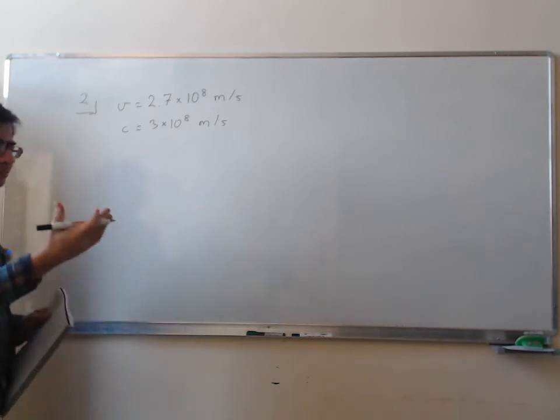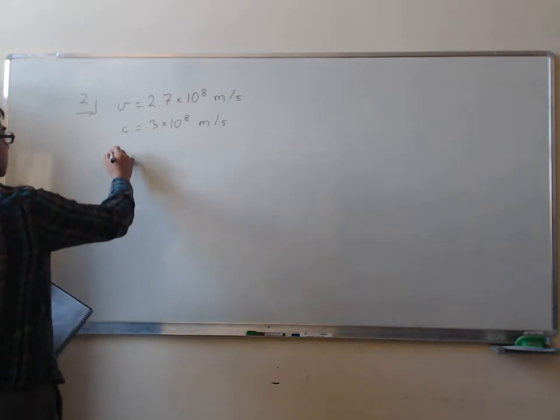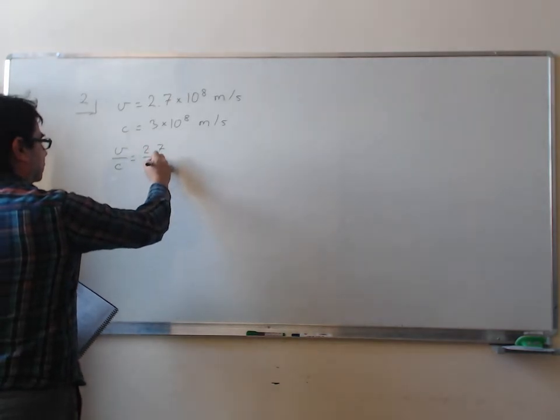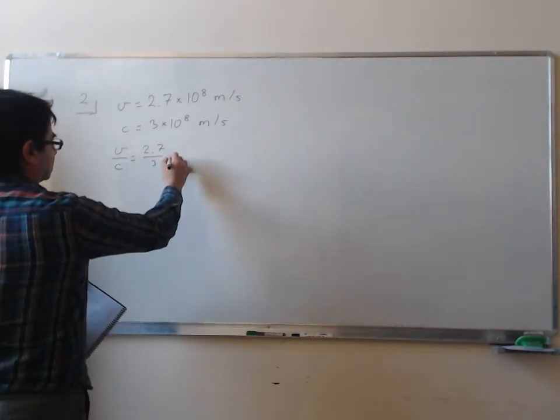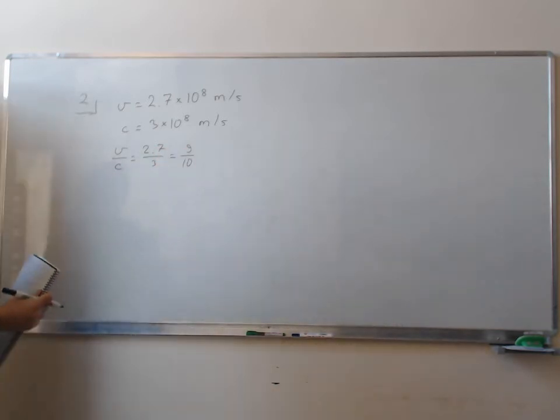The way I remember this is 300,000 kilometers per second, and it comes to 300 million meters per second. So v over c here is 2.7 by 3, so that's 27 by 30, that's like 9/10. So it's 90% of the speed of light.